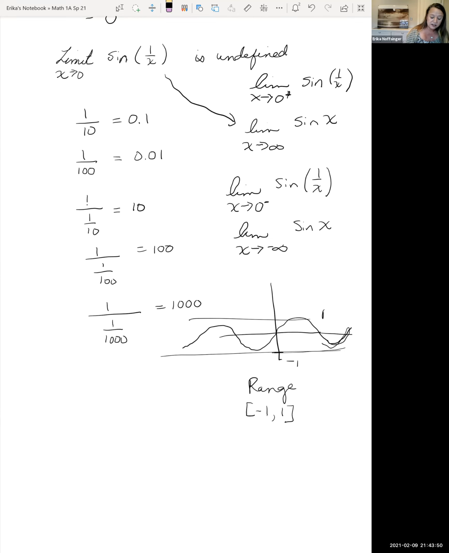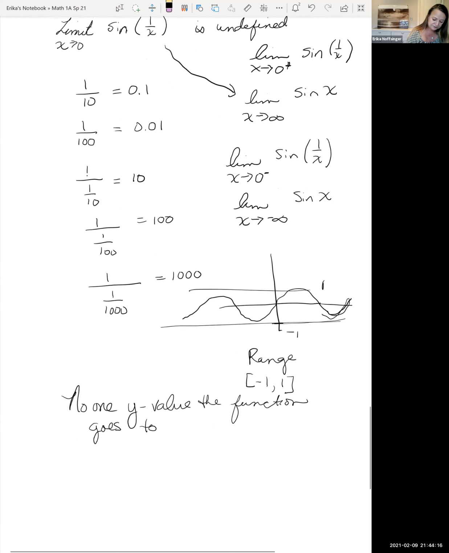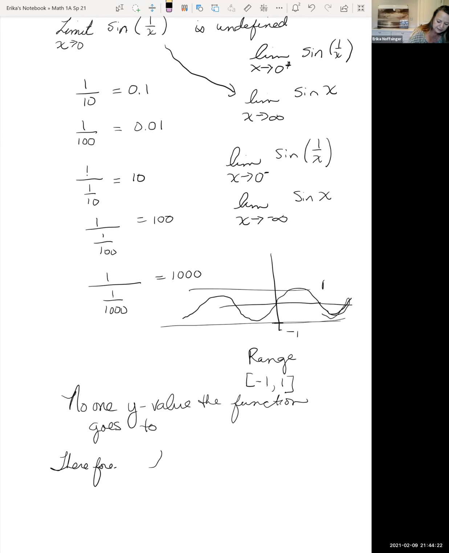There's no one particular value that the function is going to. Because it's not going to one particular y value, we can say that this limit doesn't exist. Therefore, the limit as x is approaching 0 of sine of 1 over x does not exist.